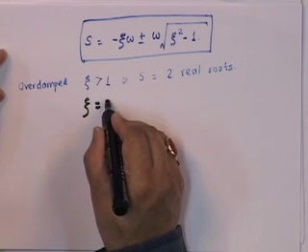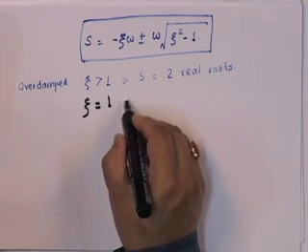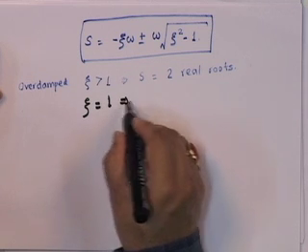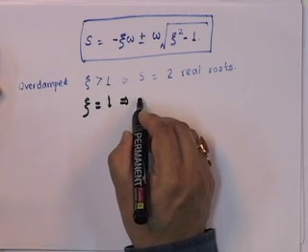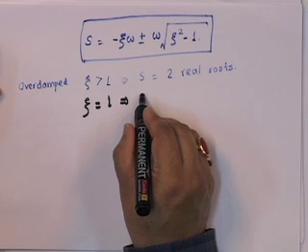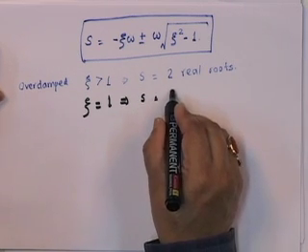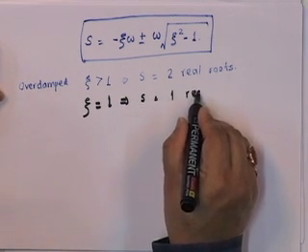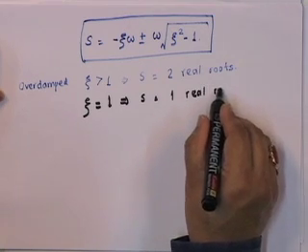Okay. Then if we have xi equal to 1, then we have the situation that S is 1 real root.